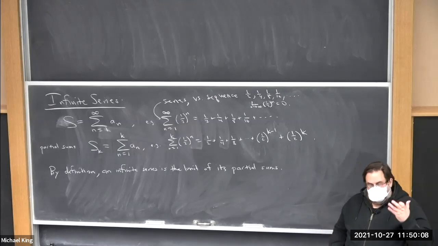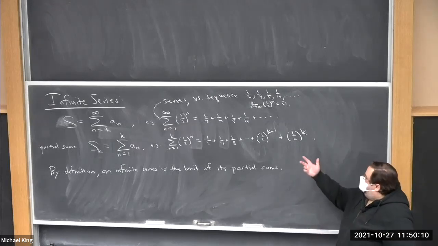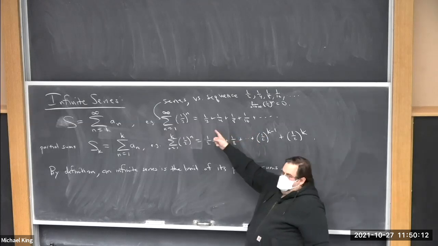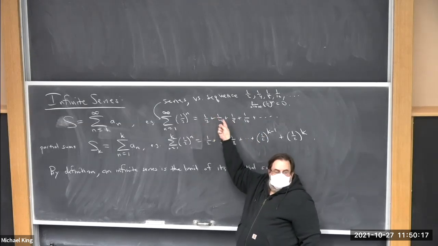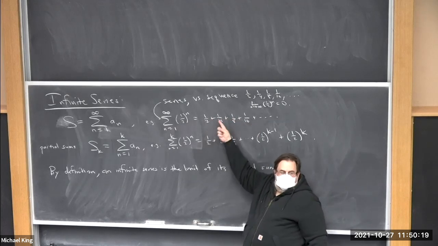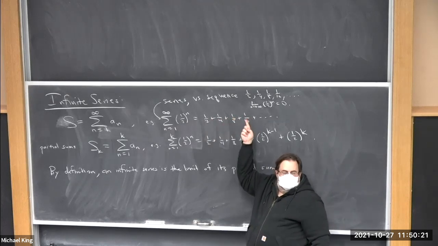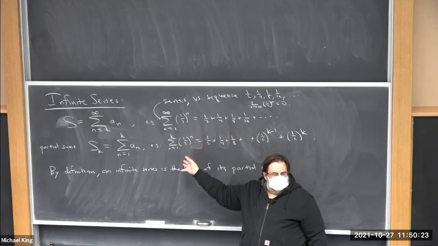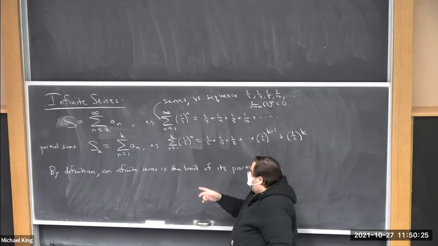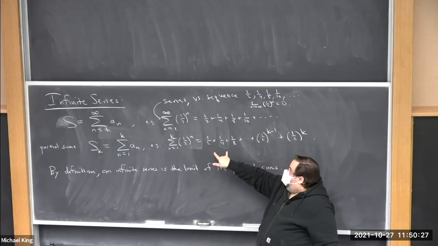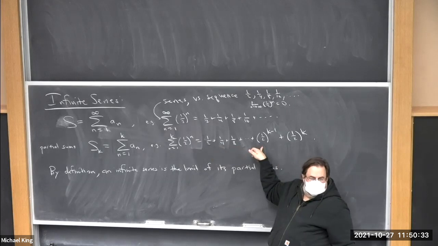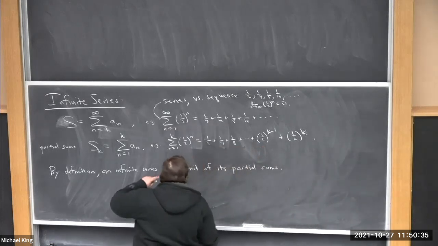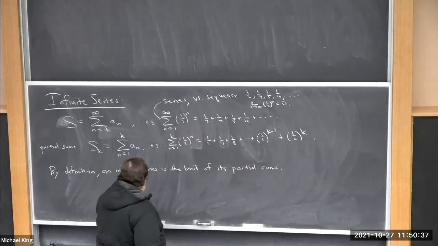In some ways there are two sequences associated with a series like this one, the 1/2 plus a quarter plus an eighth series. There's the sequence of terms: a half, comma, a quarter, comma, an eighth, comma, a 16th. But there's also the sequence of partial sums: a half, comma, a half plus a quarter, comma, a half plus a quarter plus an eighth, comma, a half plus a quarter plus an eighth plus 16th, and so on.